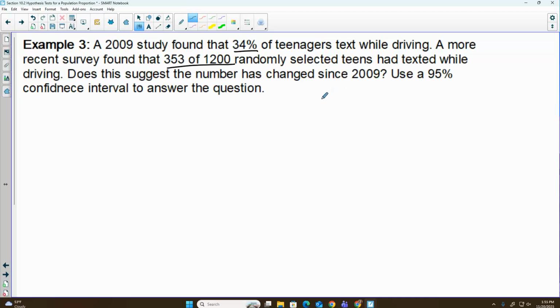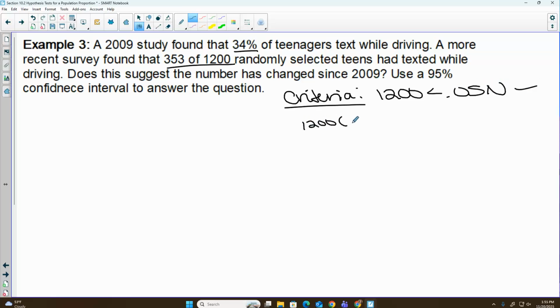So we have to check our criteria. Is 1,200 less than 5% of the whole population? Yeah. My N is 1,200. What's my P? 0.34. 1 minus 0.34. And that gives me 269, so that's most definitely greater than 10.